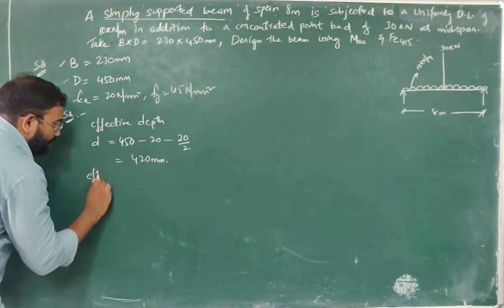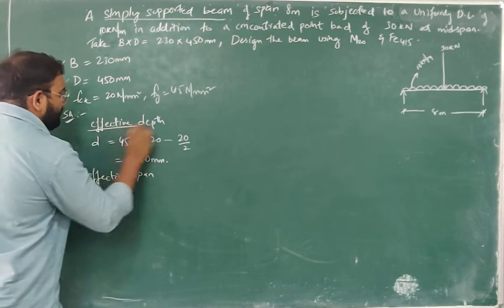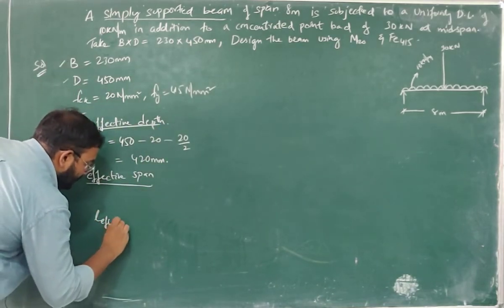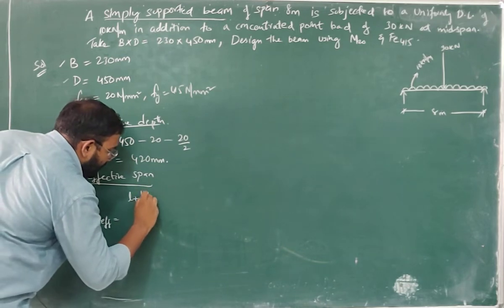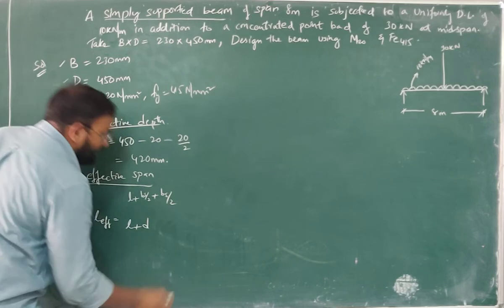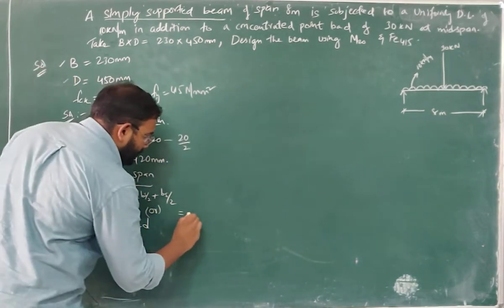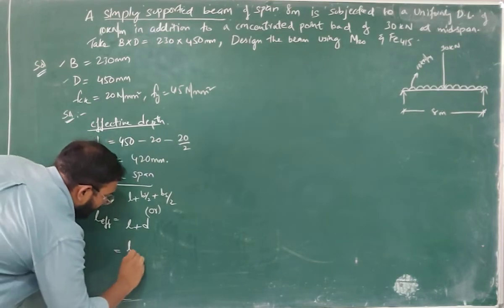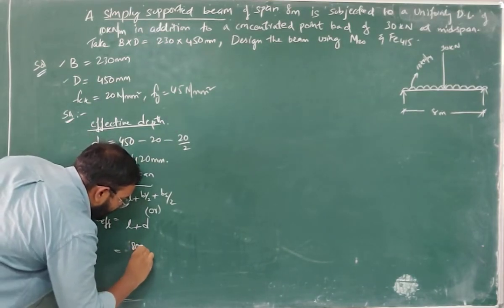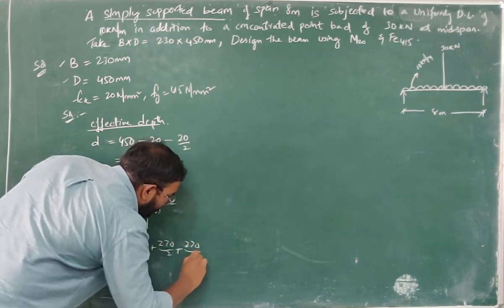Next step is you need to calculate effective span of the beam. Okay. So you have two formulas here. L plus Bs by 2 plus Bs by 2, or L plus d, whichever is the least value. So this is L, 8000 plus 230 by 2 plus 230 by 2.